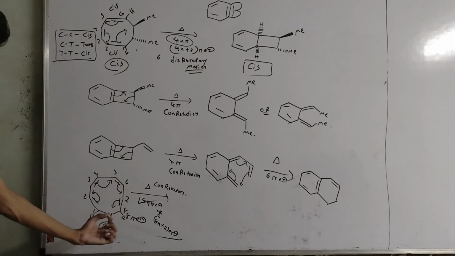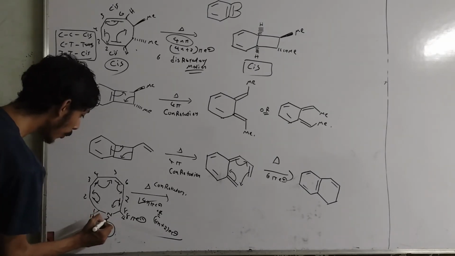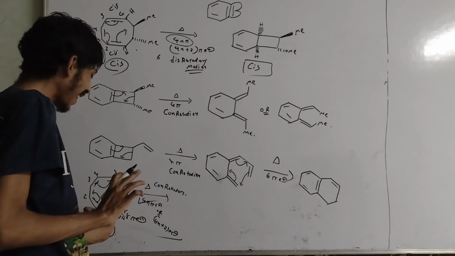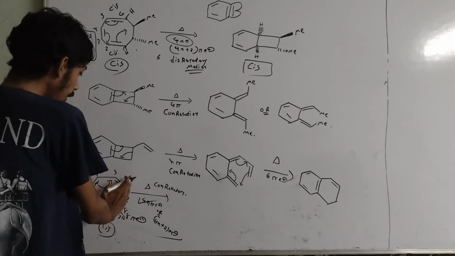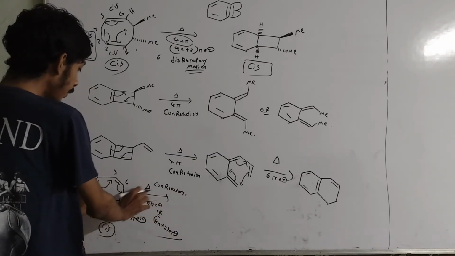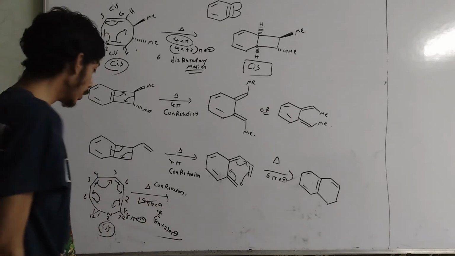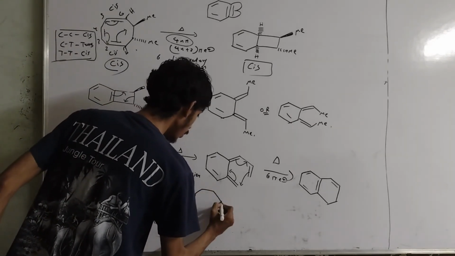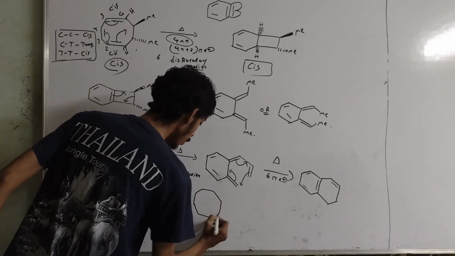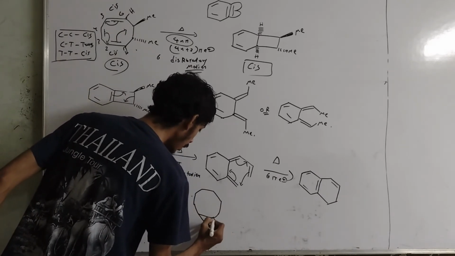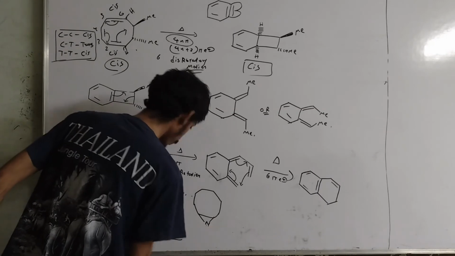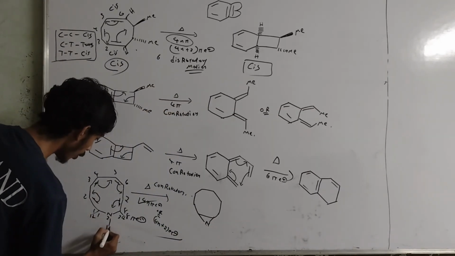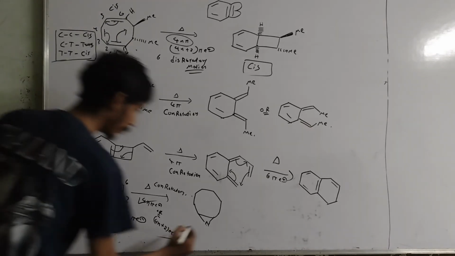An 8-member ring is formed along with a 3-member ring. Even though this is a very sterically hindered ring, this reaction occurs through the 4n pi electron system. So here the 8-member ring and here the 3-member ring, and here hydrogen is also present at the nitrogen.